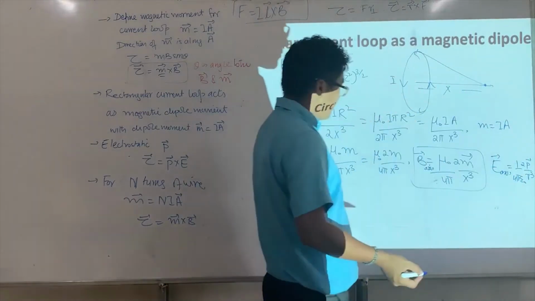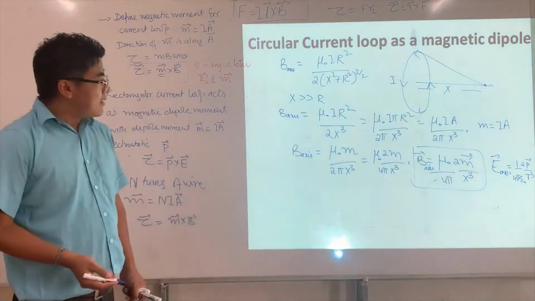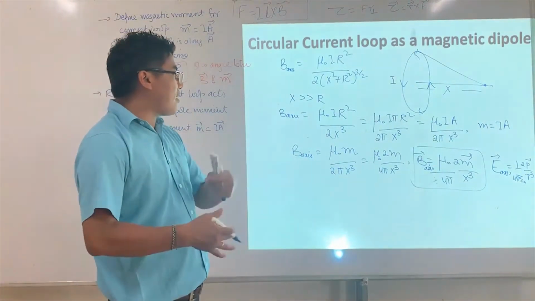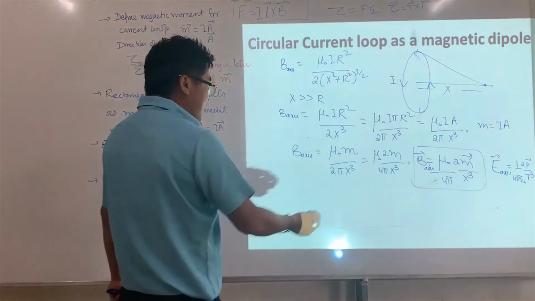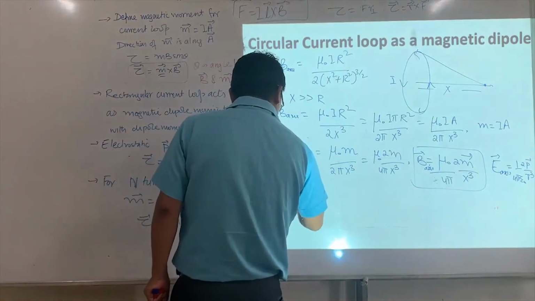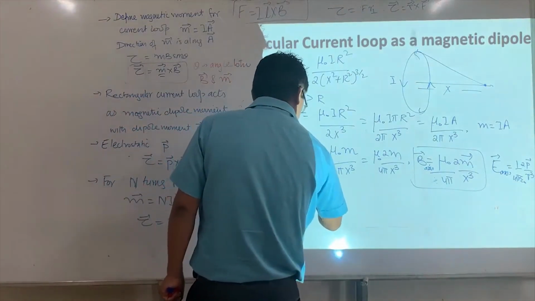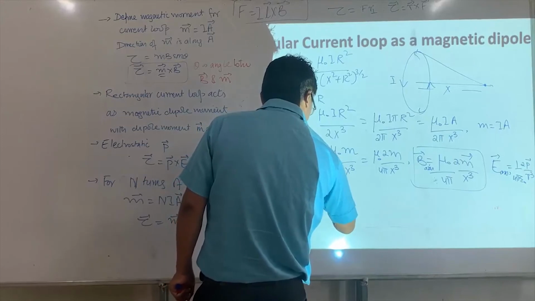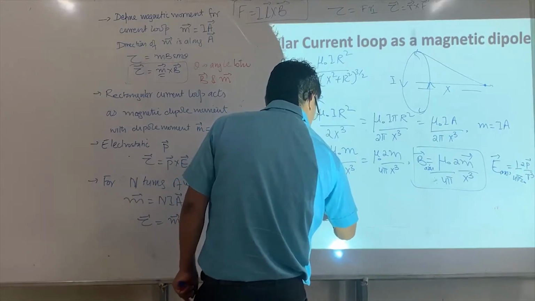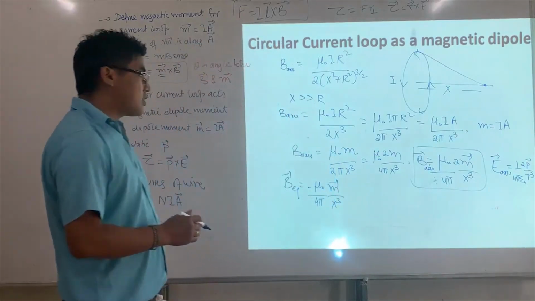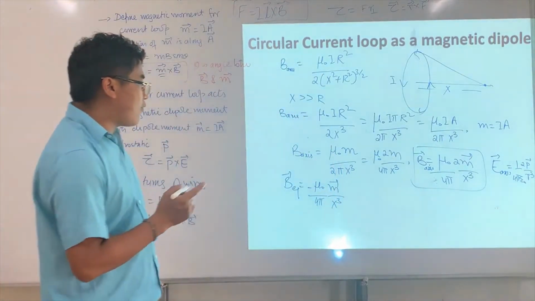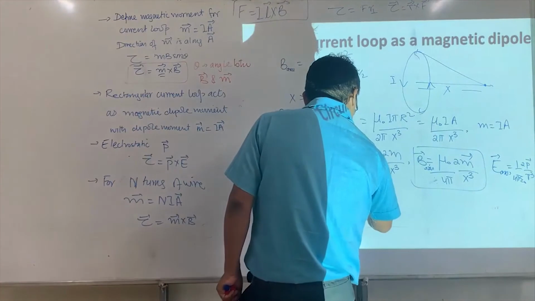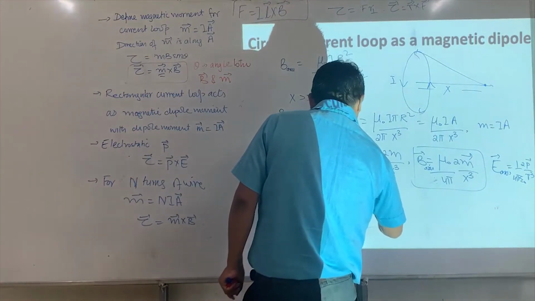Similarly, I can find the equatorial plane. The equatorial field would be mu naught divided by 4 pi, M divided by x cube. This is for magnetism.